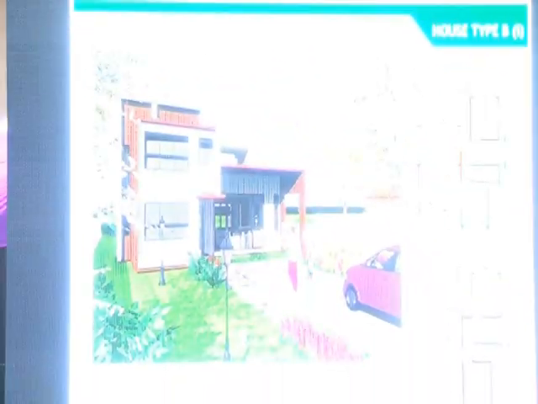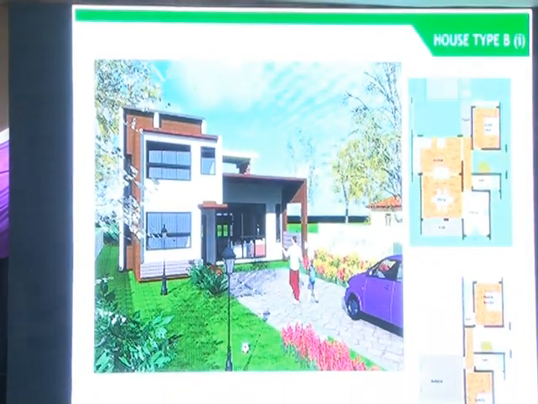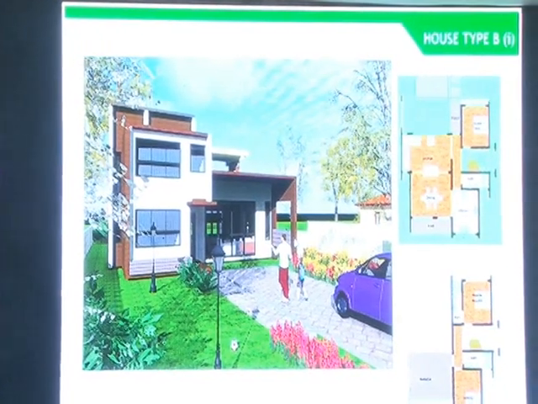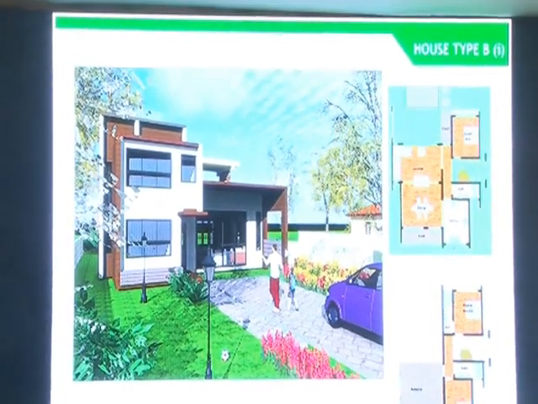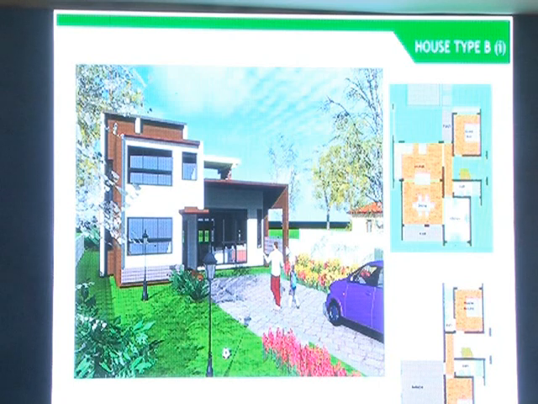The materials that we will use, I'm glad that the MD of Crown was here, and we'll develop a special product for this particular house, and we are very glad to hear about that. But we'll also try as much as possible to make use of the materials found in that side of the city.